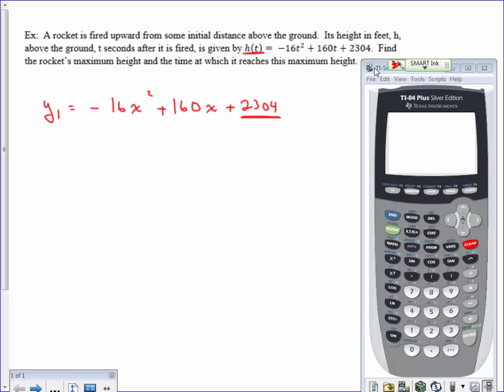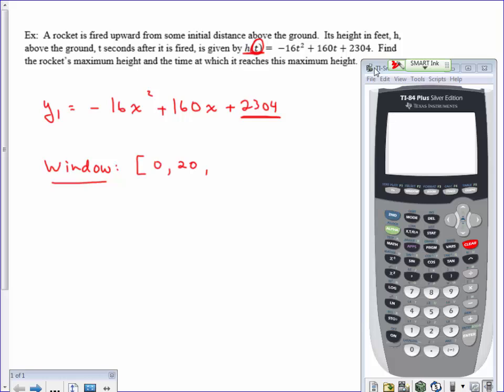Now, we also know that t represents time in seconds after this particular rocket has been fired. So we know that it could not be negative. So as far as our window, and we can change this later if we need to, let's start our understood x value, which is representing time, with 0, and then let's say for the maximum we go to 20 seconds, and we can change that if we need to.